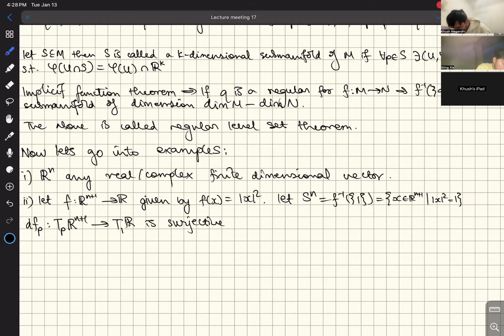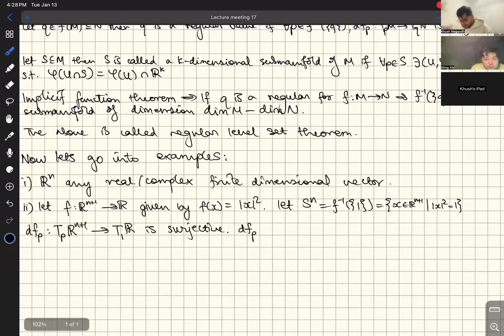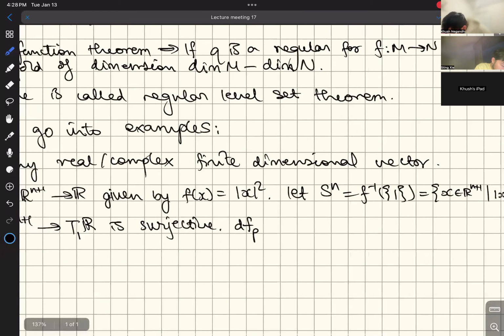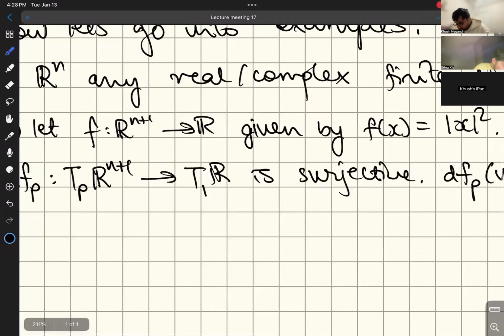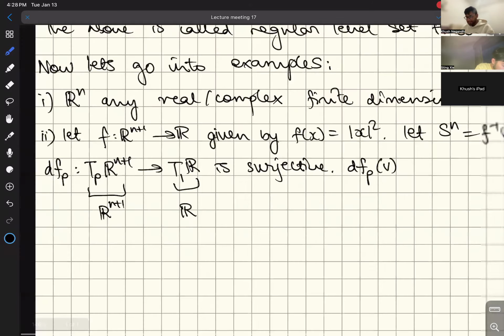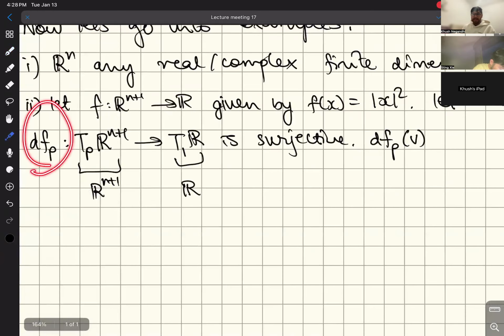But what is the differential at this point? You can convince yourself that df at p, evaluated at a point v. One thing to note is that the tangent space of Rn is just Rn. So you can now think of the differential as taking in vectors from Rn and giving you a number.